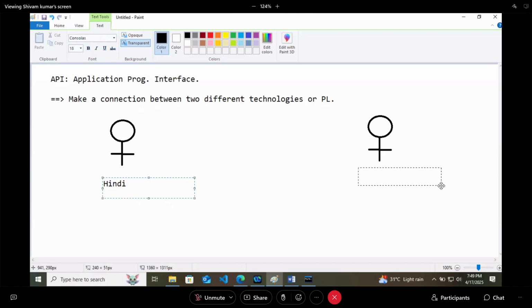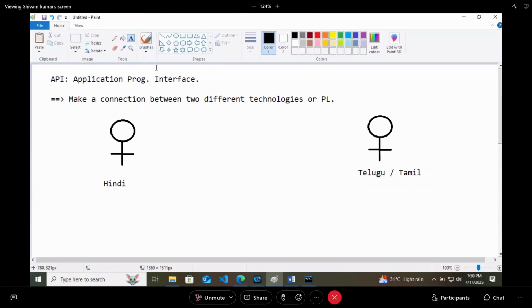This person is from south where Telugu or Tamil is highly spoken language. Now there is a problem: this A person does not know any language other than Hindi, and this B person does not know any language except Telugu. Let's remove Tamil here.